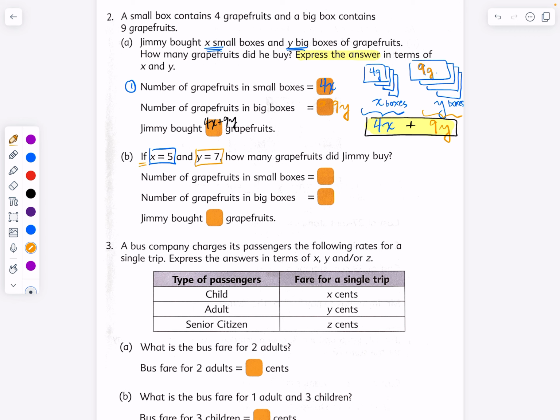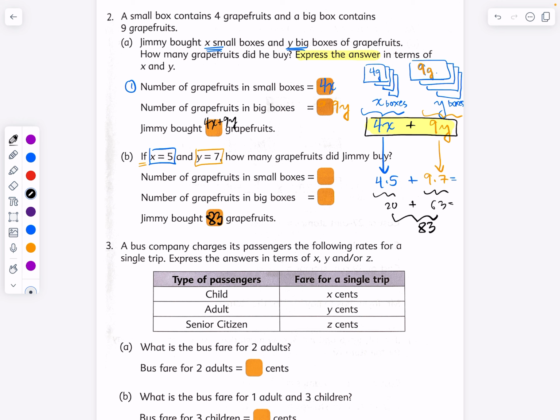If that's the case, let's substitute. For the large boxes, we would have 9 times 7, and for the small boxes, we would have 4 times 5, and of course, we would add them together, and the answer is 20 plus 63 equals 83 grapefruits.